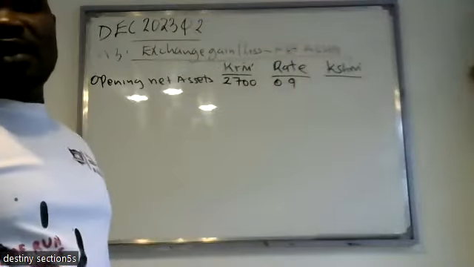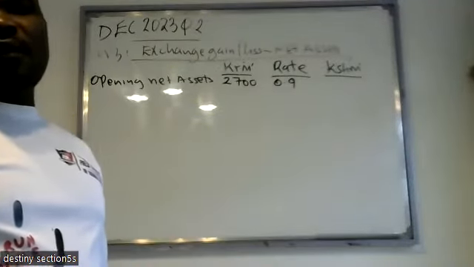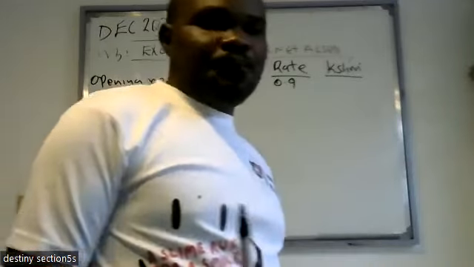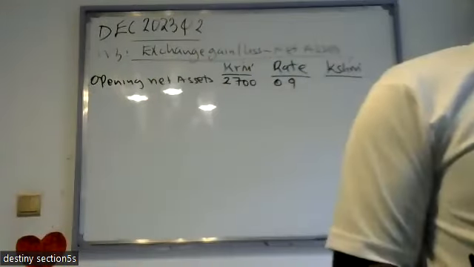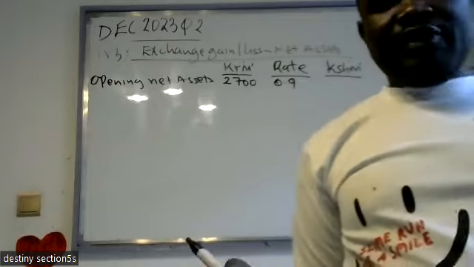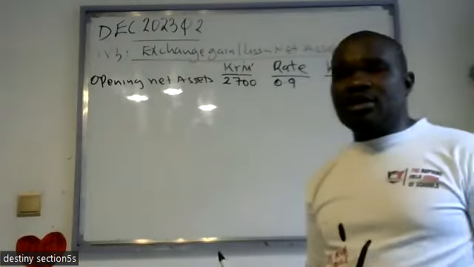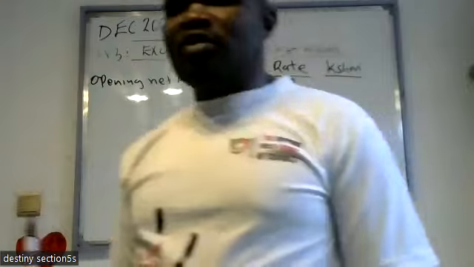So 27 divided by 0.9, what will you get? 27 by 0.9, should that be 3,000 in Kenya shillings?